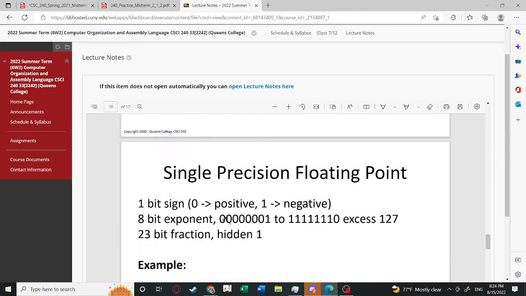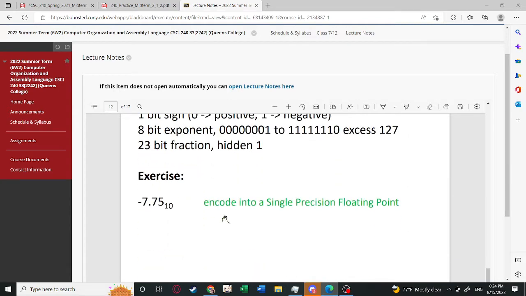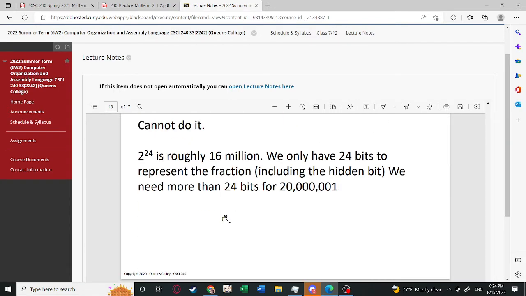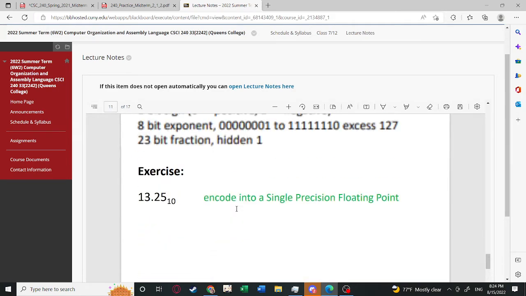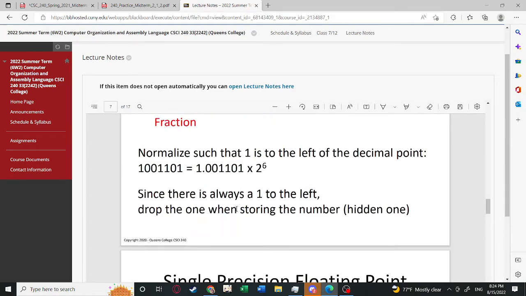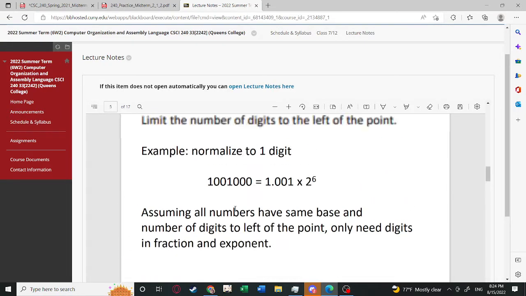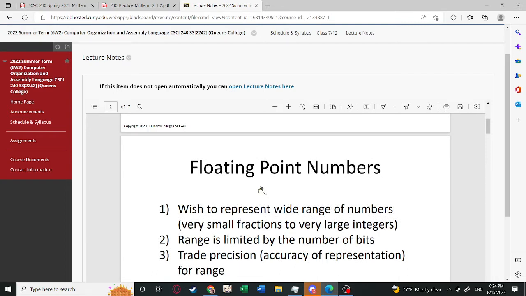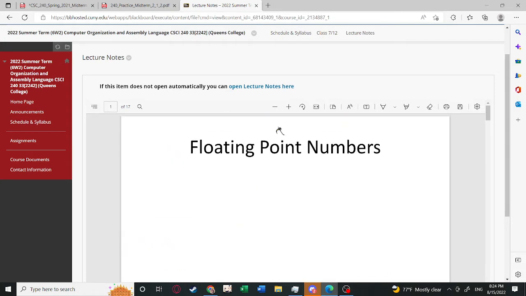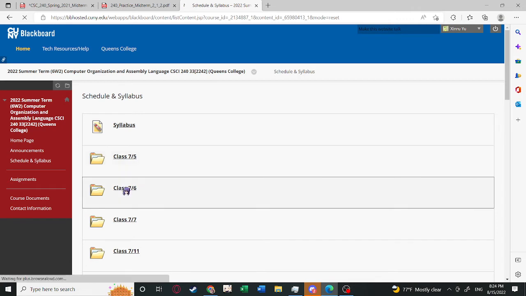Hopefully that will limit the noise for a bit. Anyways, so as you can see, floating point is higher than integers in bit number. I think it's earlier. Might be earlier.